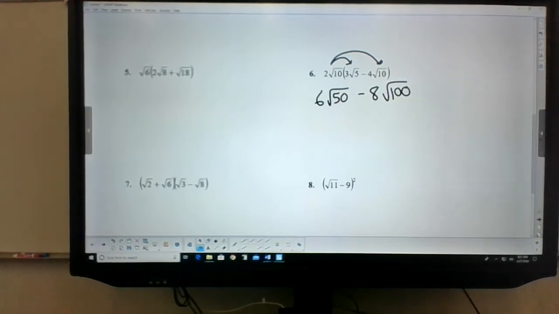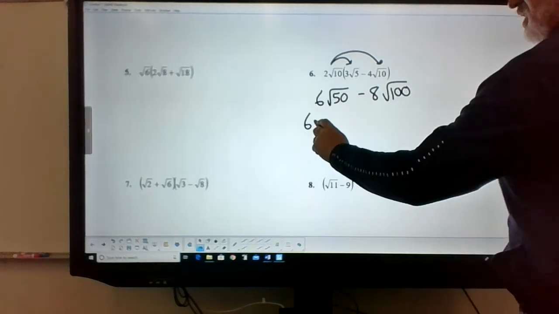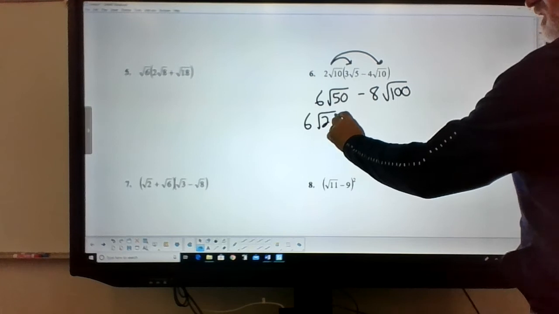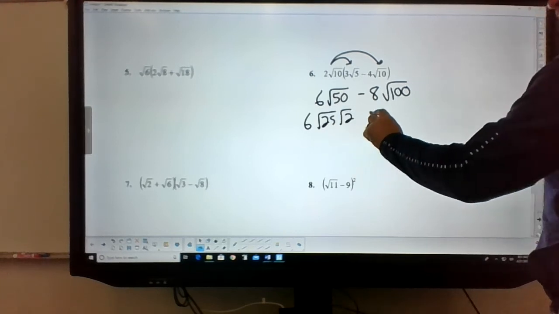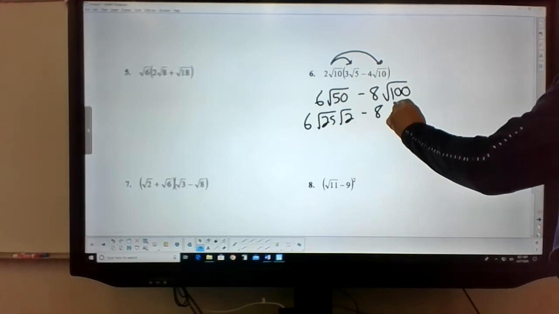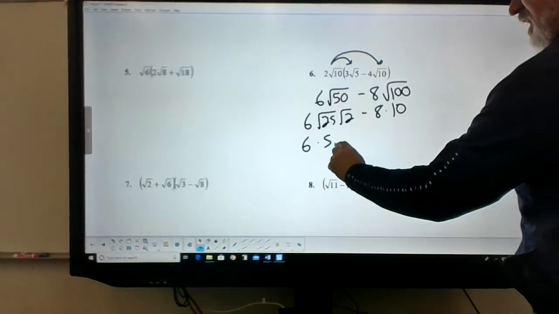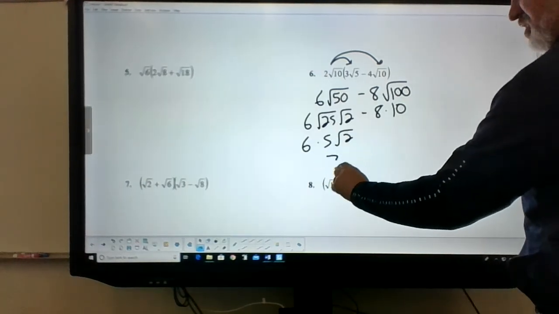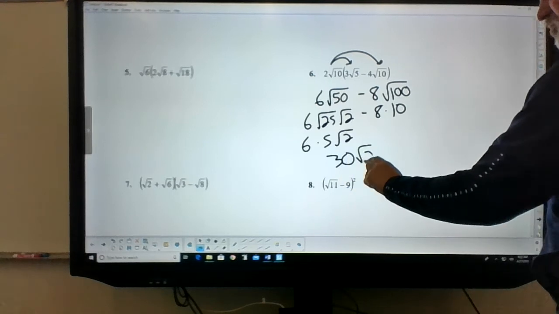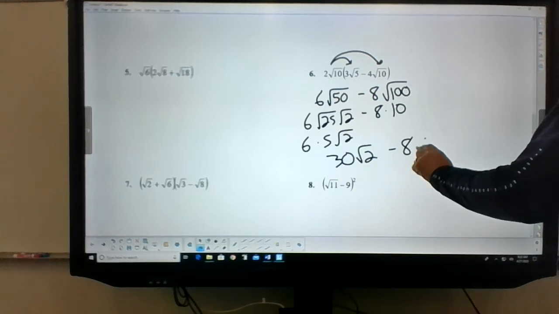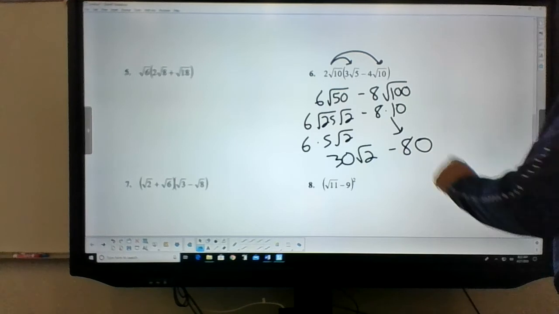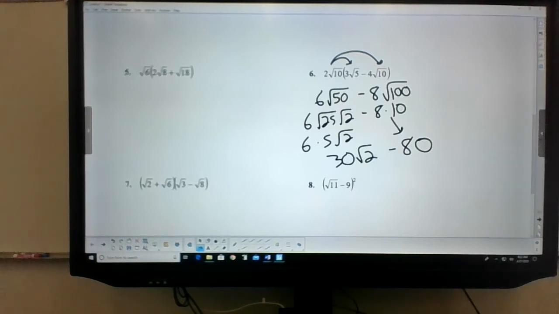So 6 radical 50 minus 8 radical 100. I'm going to break this into 6 radical 25 radical 2 minus 8 radical 100, which is 10. So 6 times 5 times radical 2 is 30 radical 2 minus 80. So 30 radical 2 minus 80.